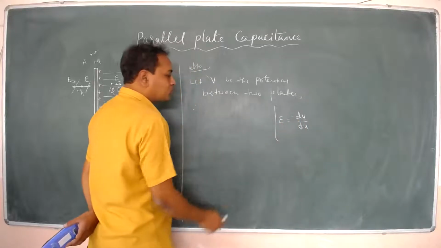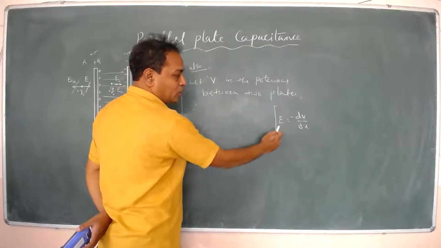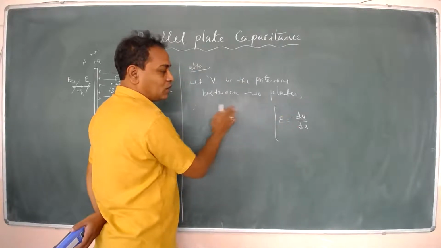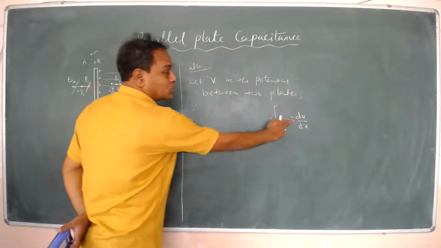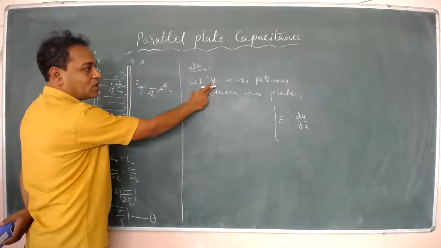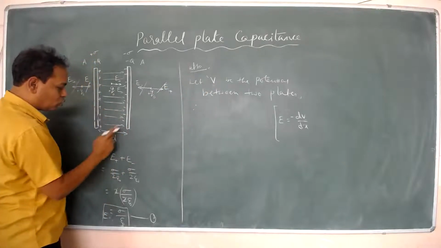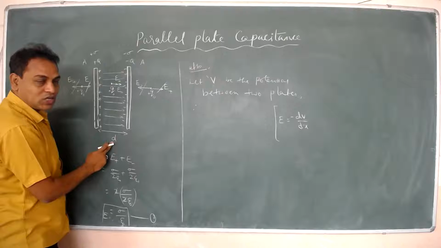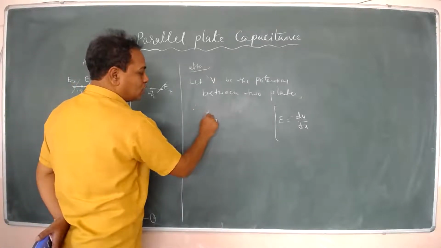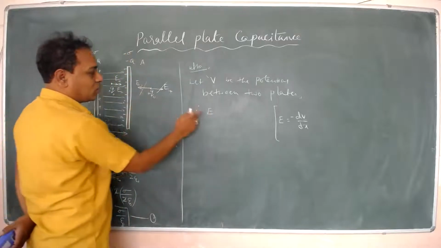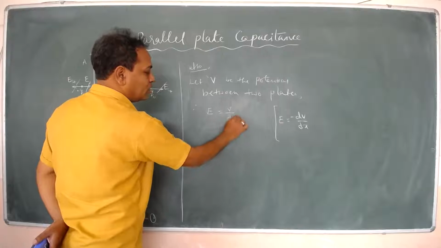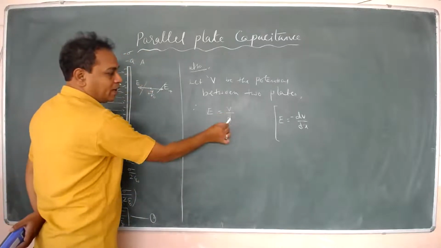So if I take the magnitude of that, we need not take this minus. Here I am going to calculate the electric field magnitude in terms of potential. Between these two plates, the potential is V, and the distance between the plates is D. Therefore, according to that formula, the electric field between these two plates is given by E is equal to V by D. Potential difference by distance.